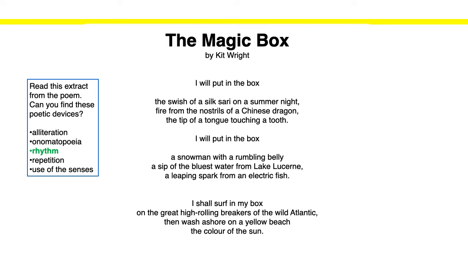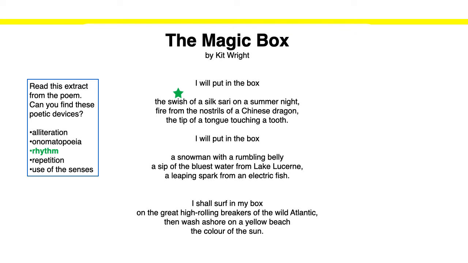Okay. The rhythm in this poem takes place in every single verse. So in the first example, the swish of a silk sari on a summer night, fire from the nostrils of a Chinese dragon, the tip of a tongue touching a tooth. As I read that out loud, you can hear the boom, bada boom, bada boom, bada boom.